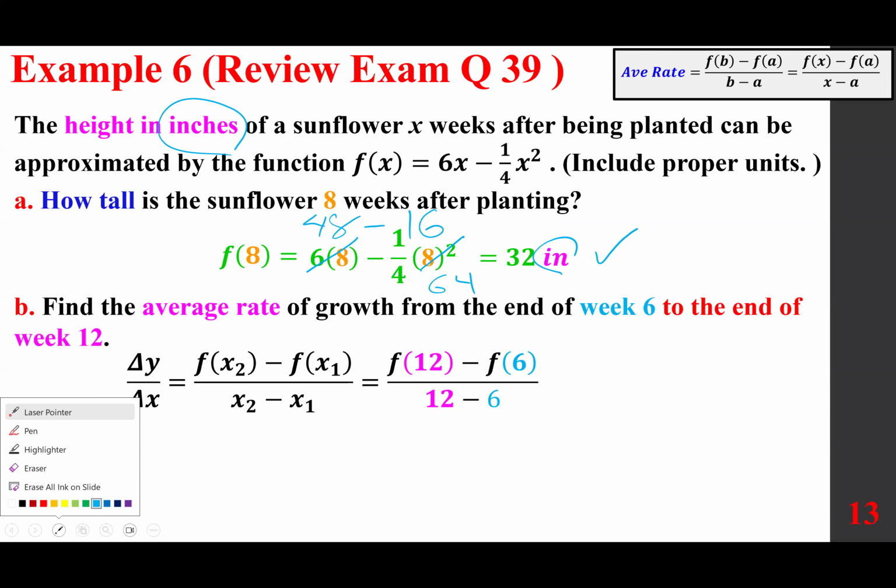So f of 12, 6 times 12 minus 1/4 of 12 squared, minus f of 6, 6 times 6 minus 1/4 of 6 squared.